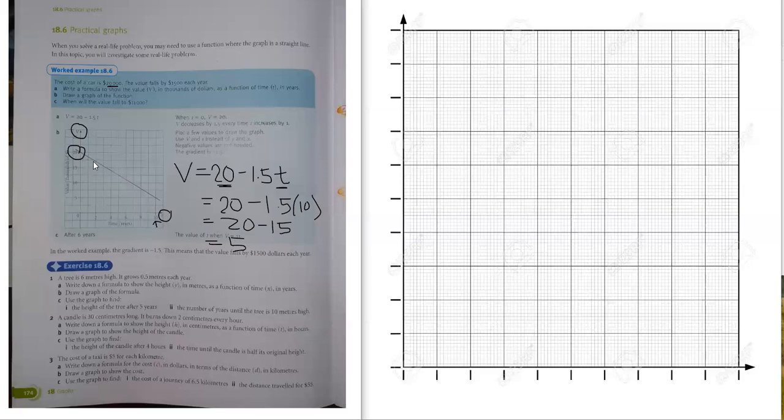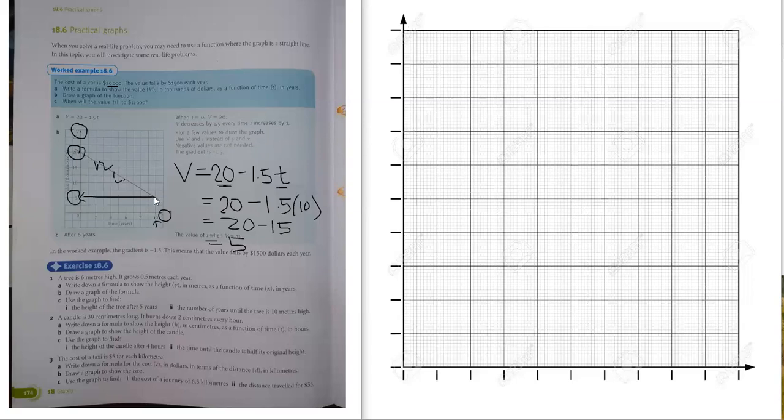You ignore the values in between. This value in between, you don't need to care about it because it is going to be a straight line. So you just care about when the time is 0, that means the current year. Current year is 20,000, which is this one. And after 10 years, this is the value of 10. The value becomes 5. You can see from here, this is 5 here. So you just have to draw this straight line, connect 0, 20 here.